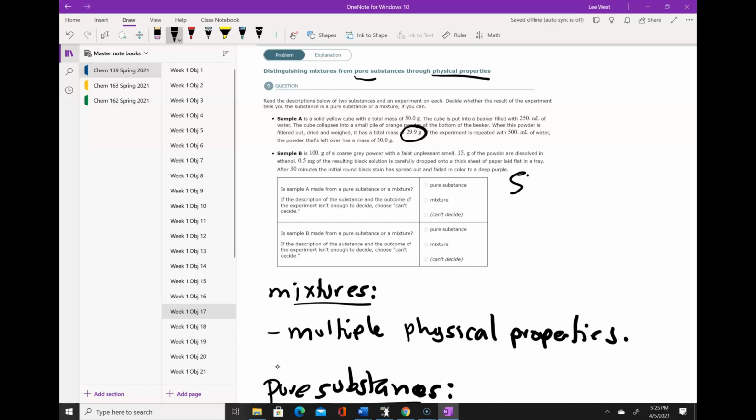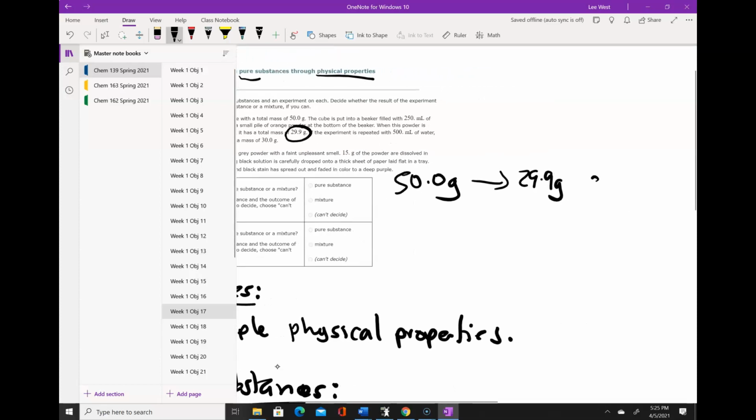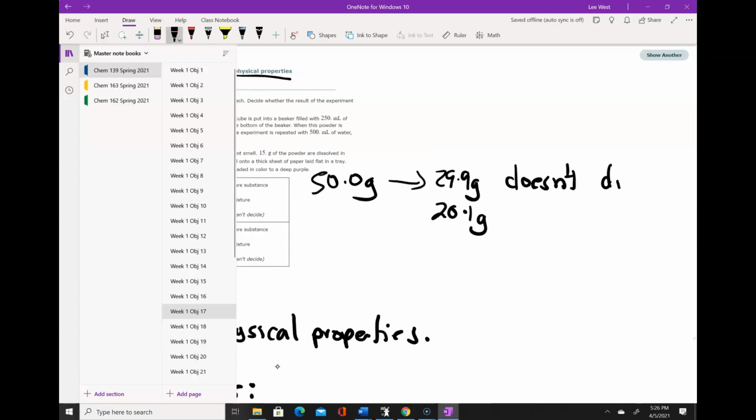Okay, so you take 50 grams and you put it into water, and 29.9 grams doesn't dissolve. That's the stuff that doesn't dissolve. And 20.1 grams dissolves.